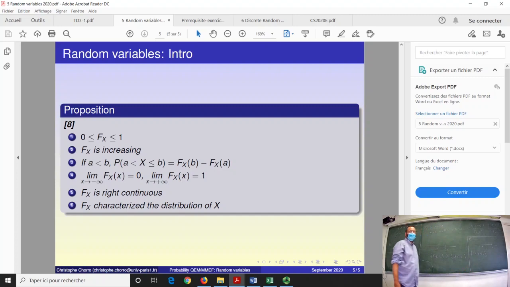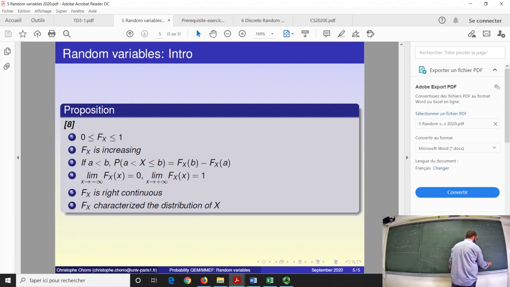If I take this set, so the set where X is less than or equal to b and strictly greater than a, and if I do the union with X less than or equal to a, what do you obtain? It's a disjoint union, in fact. What is this? It is the set where X is less than or equal to b.